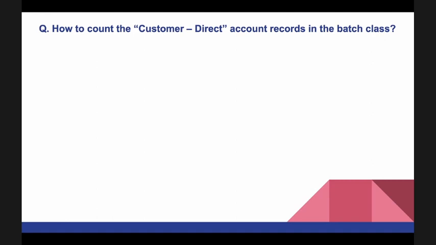But with Database.Stateful, we are able to calculate the count of the Customer Direct accounts. To understand the question, there is an account with type Customer Direct, and we have to count them. So let's see a sample code to understand it more clearly.